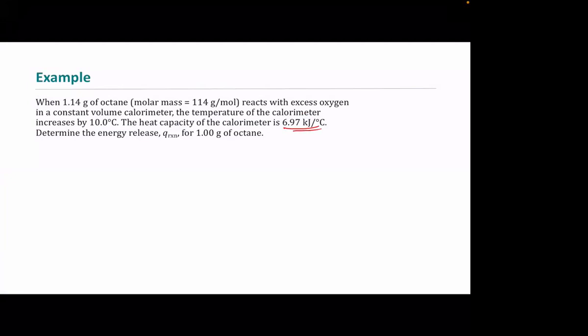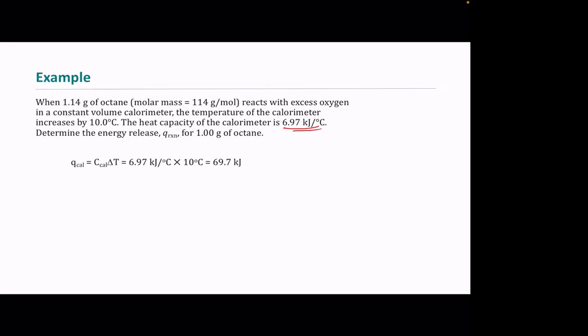Now, 1.14 grams of octane reacts with excess oxygen in a constant volume calorimeter. The temperature of the calorimeter increases by 10 degrees C. The heat capacity of the calorimeter is given. Determine the energy released for 1 gram of octane. And then all you do is Q cal equals C cal delta T. You've got the C cal, that's the calorimeter.